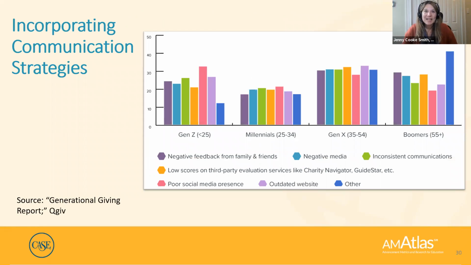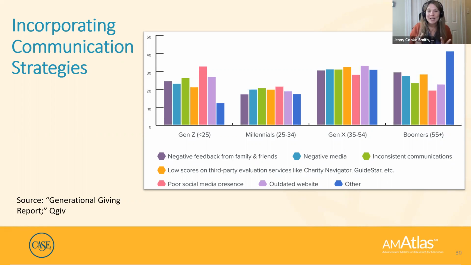And then as we think about, again, incorporating communication strategies, one of the pieces in that report were what were the things that would essentially turn you off from an organization? What are the reasons you would not give? And so you can see this is actually really colorful because it's quite across the board.